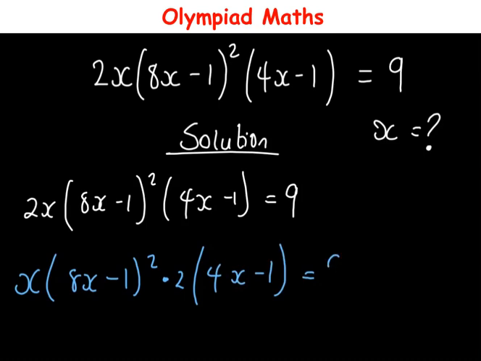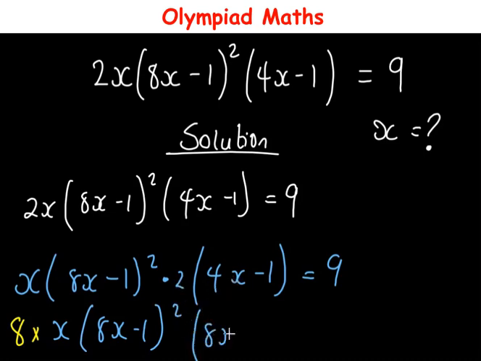This equals 9. With this, we can then multiply this equation by 8. So 8 times x into bracket 8x minus 1 all squared multiplied by 2 times 4x, which is 8x, 2 times minus 1, minus 2. This equals 9. Also multiply the right hand side by 8.